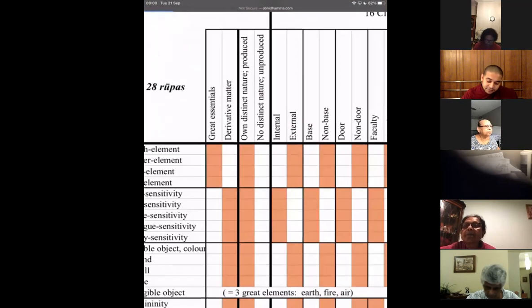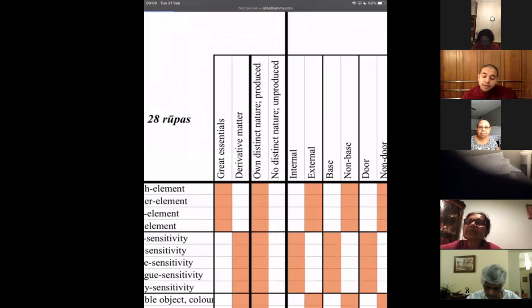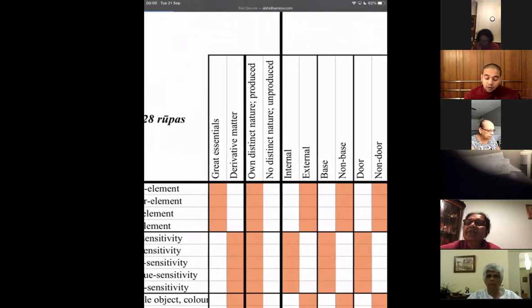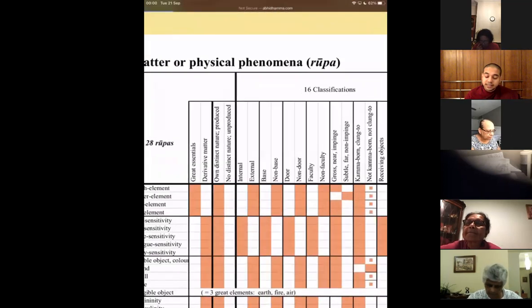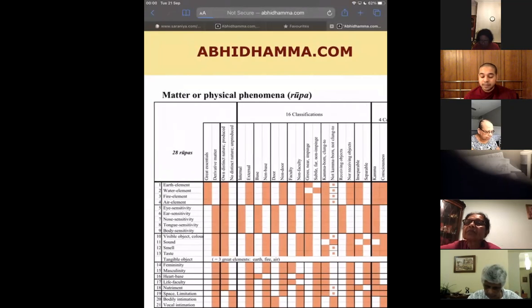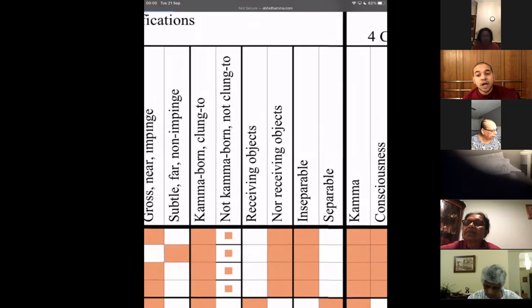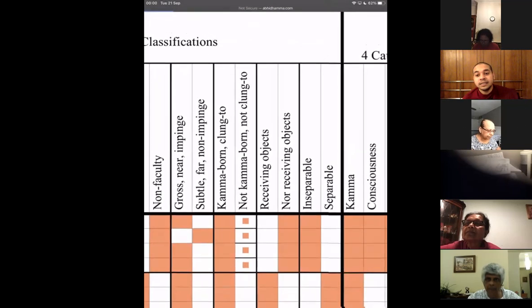Now we have the rupas that have their own distinct nature. Now, from this part all the way up until Kammaja, the rupa classification, which is the last one here, right?